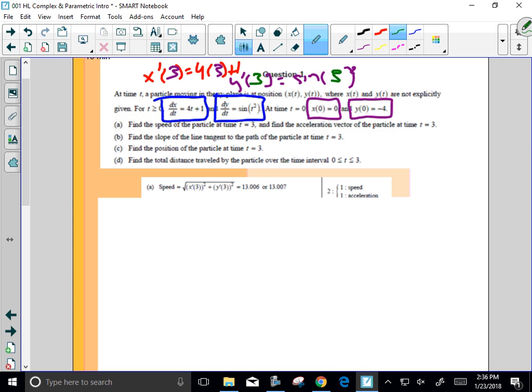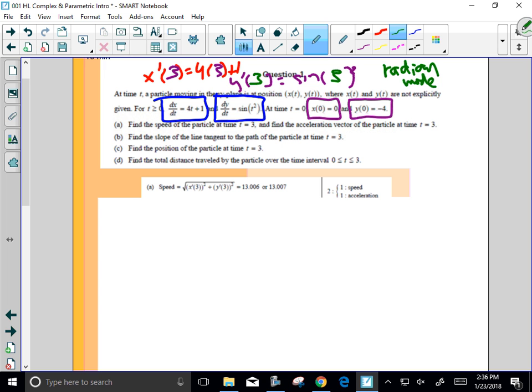And now when you put in a 3, you're going to need your calculator. In which mode? Does this look like 3 degrees or 3 radians? Radians. So make sure you're in radian mode or it's wrong.